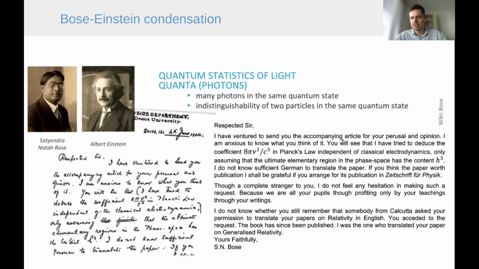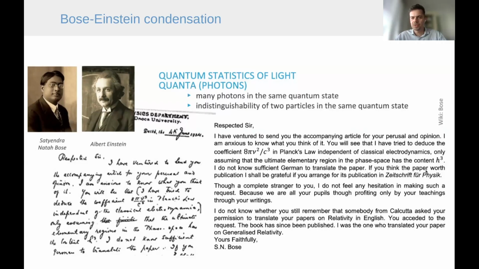You will see that I have tried to deduce the coefficient in Planck's law, independent of classical electrodynamics, only assuming that the ultimate elementary region in the phase space has the content of Planck constant to the power of three. I do not know sufficient German to translate the paper.